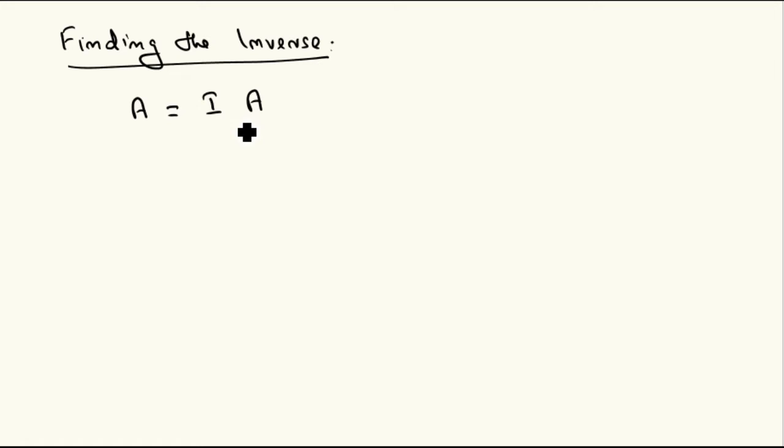Now see here, this is your given matrix, this is your identity matrix. So we are doing some row operations on this equation and changing this I to a matrix such that A into this matrix is equal to the identity matrix.